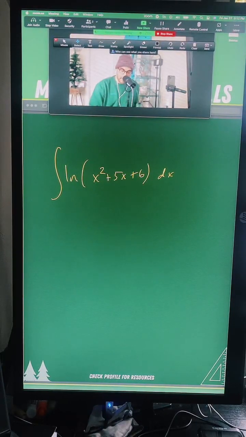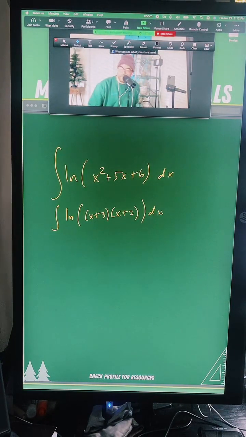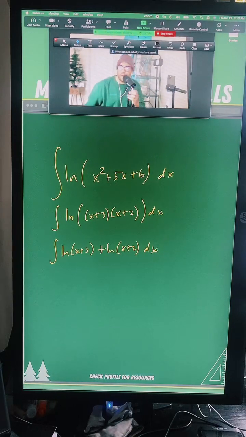And if you can factor it out, that's beautiful, because now you can go ahead and do x plus 3 times x plus 2 dx, which is really nice. And then we can rewrite this as a sum of 2 natural logs. Okay, let me know if you guys agree with that, because that's exactly what you can do.